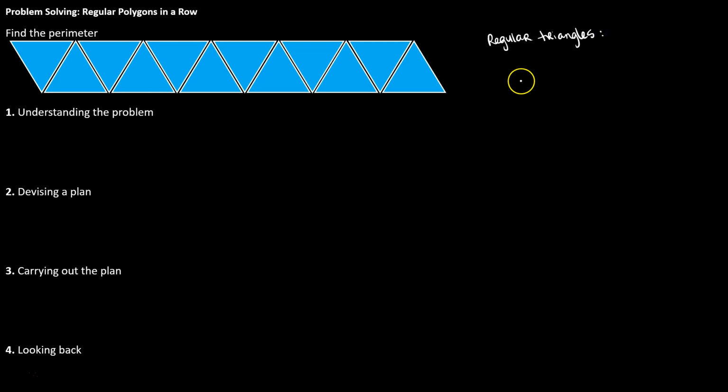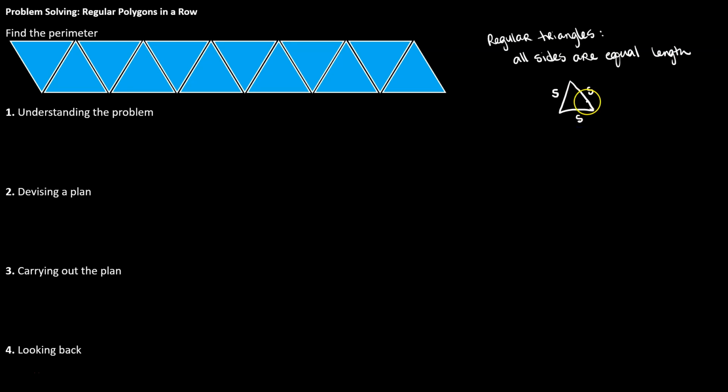Regular polygons, for example, like a triangle, means that all sides are equal length. So if I'm looking at any one of these triangles, if I know one side, maybe the side length I'll call S, then I know that the other two sides are also S.